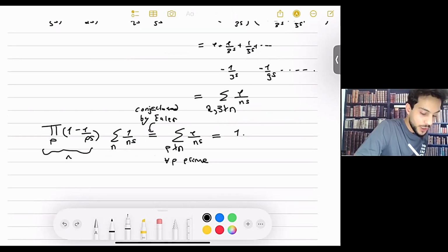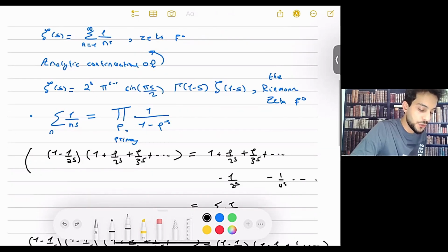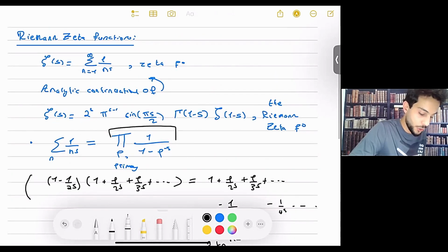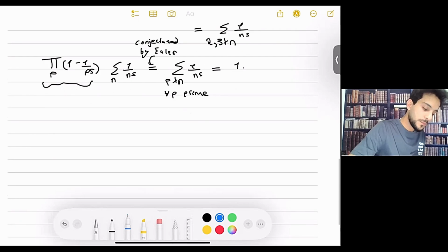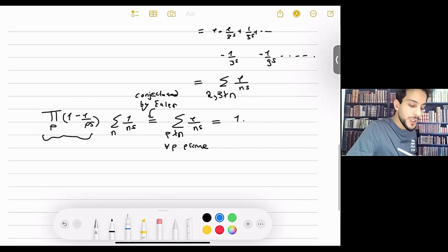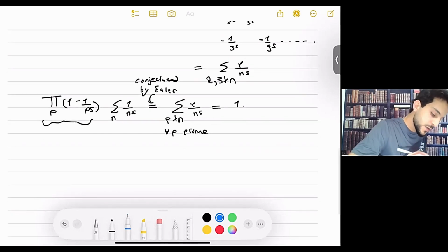Now, if we take this product and divide both sides by it, we get that the zeta function should actually be this product for the real part of s bigger than 1. And now we're about to approach the statement of the Riemann hypothesis, so stick around.